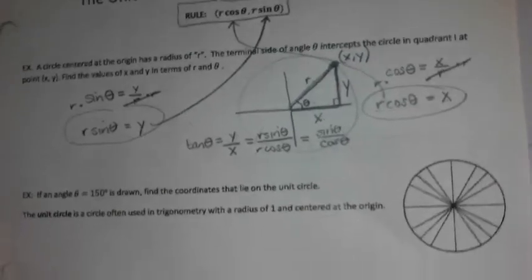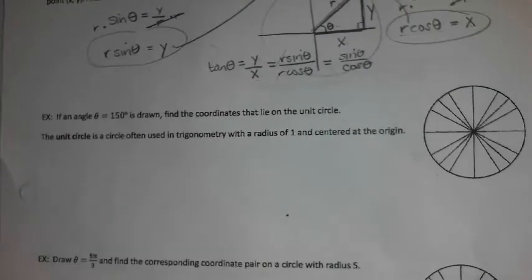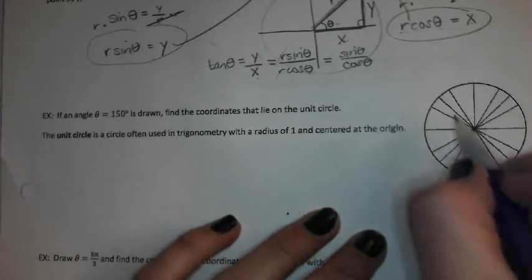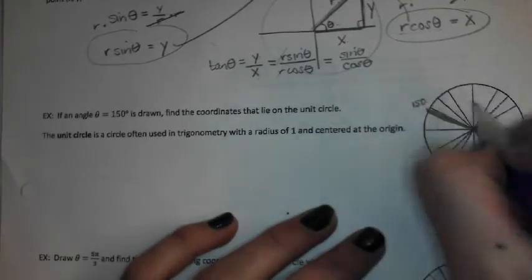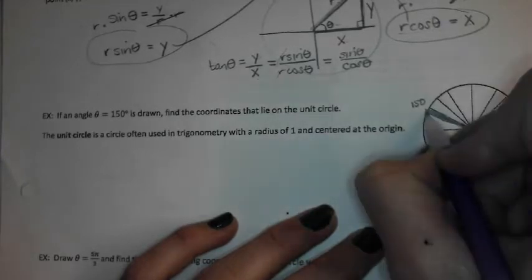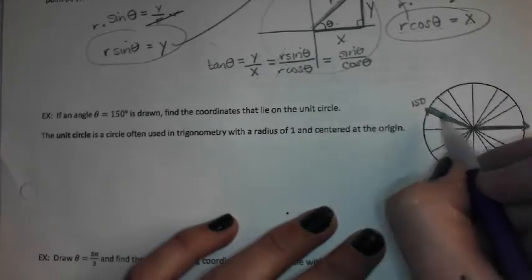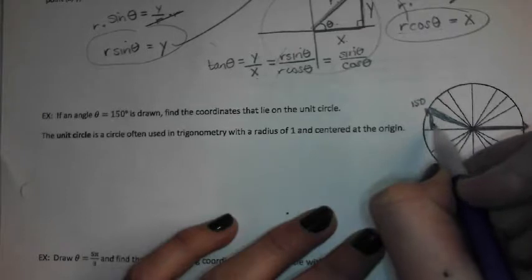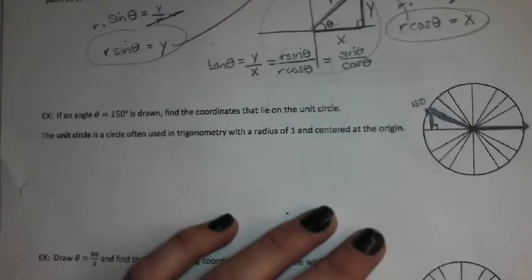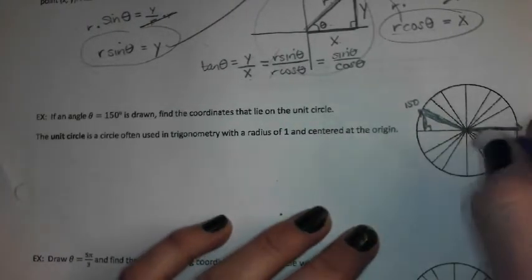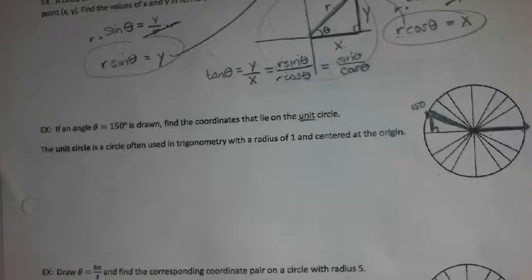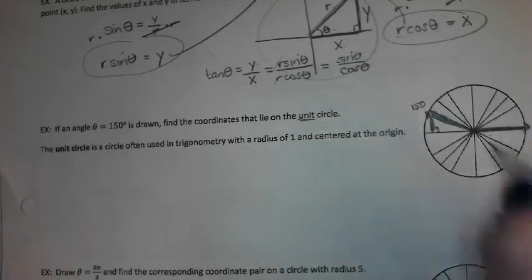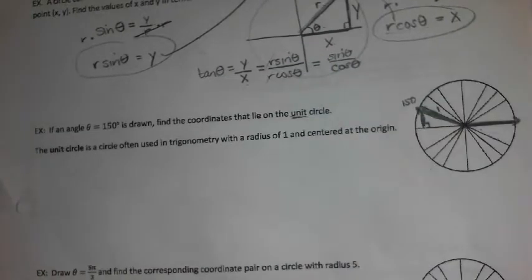All right, now we'll get into numerical examples. This exercise: if an angle of 150 is drawn, that's going to be right here. 150. There's my initial ray. Drop your triangle. They're asking for the coordinates that lie on the unit circle. So it's a small detail, but when you read that, you know that your hypotenuse is 1, right?